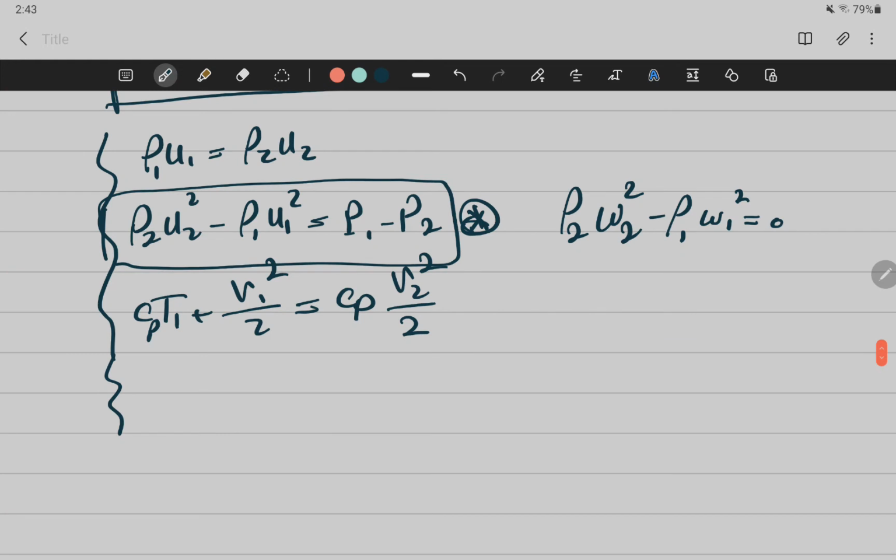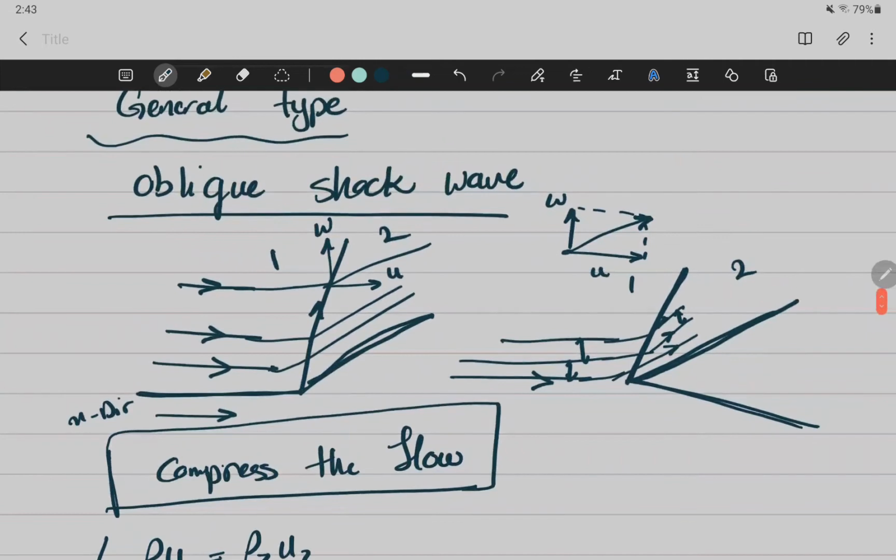So this is equal to 0, which eventually means that the velocity is not going to change. This part of the velocity vector is not going to change. So the only part of the velocity vector that is changing is the component of velocity in the x direction.